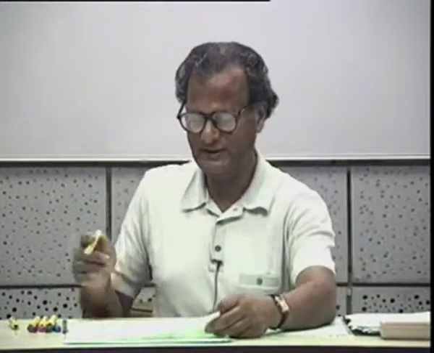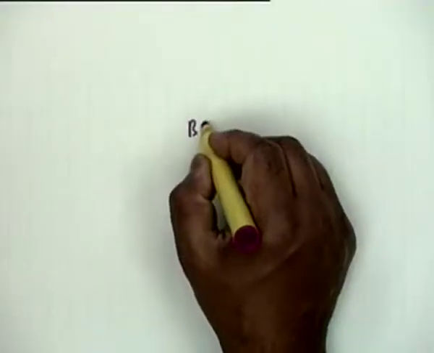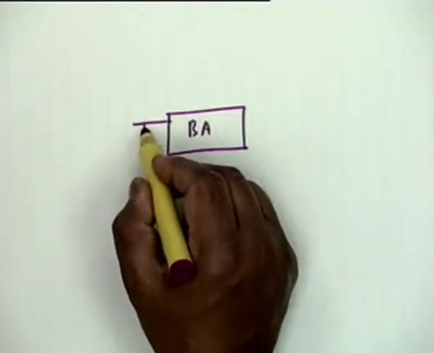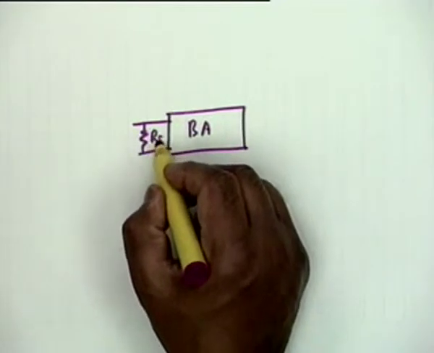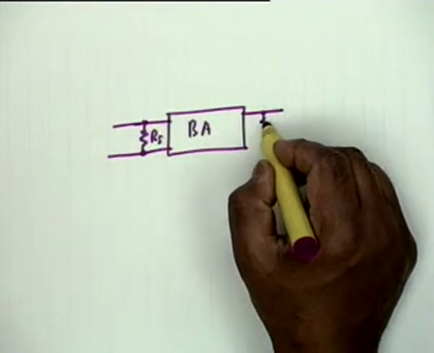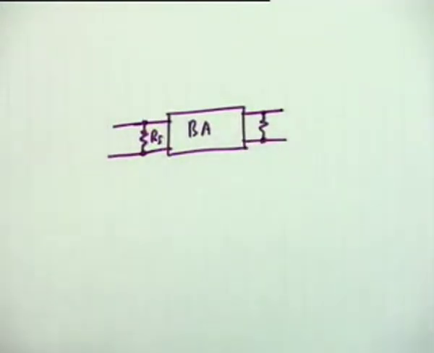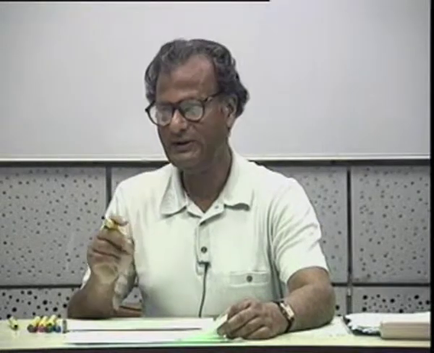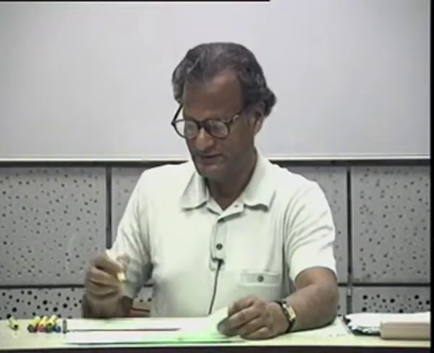I won't go through any other process. A circuit would be the basic amplifier, and then you have RS here and RL here. The first thing is I absorb them and then I have to absorb the impedances of the feedback network.